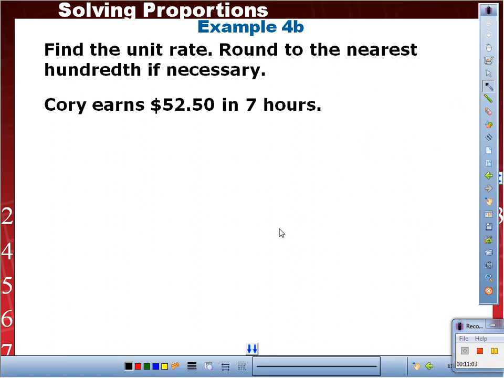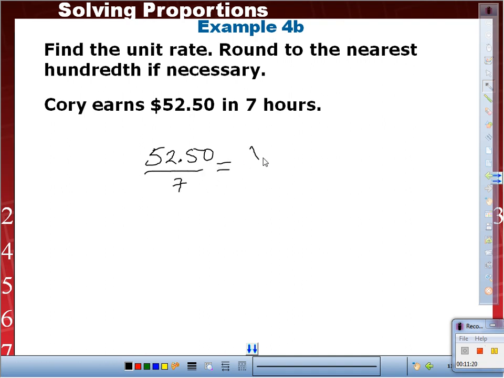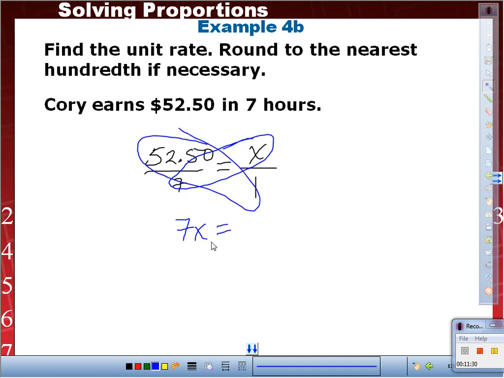All right, Allison, help me out. How do I set up my rate? What did you write? Hands if you got that. Okay, not bad. And then we cross multiply. This is 7x equals 52.50.